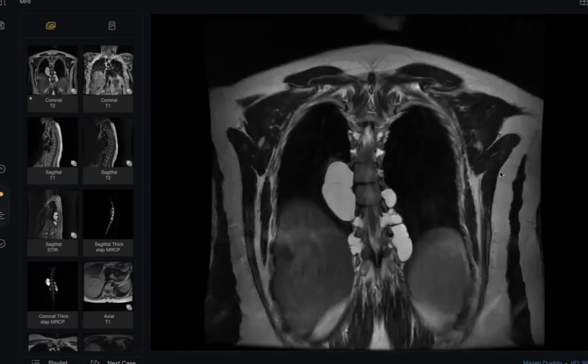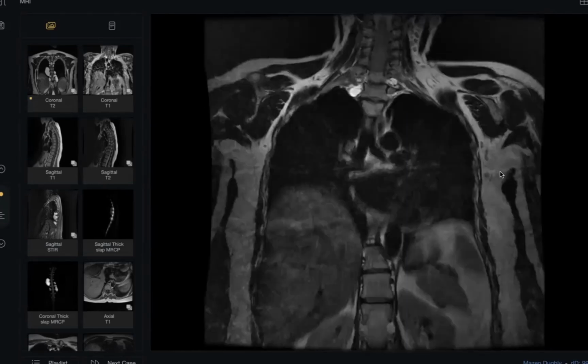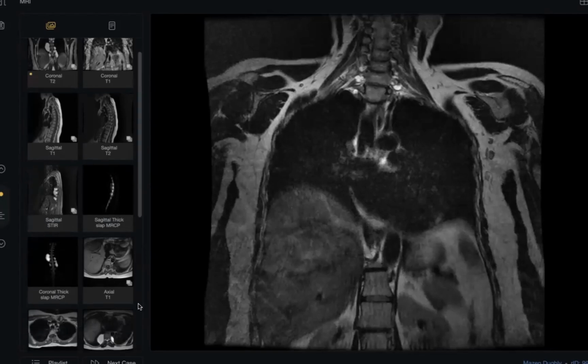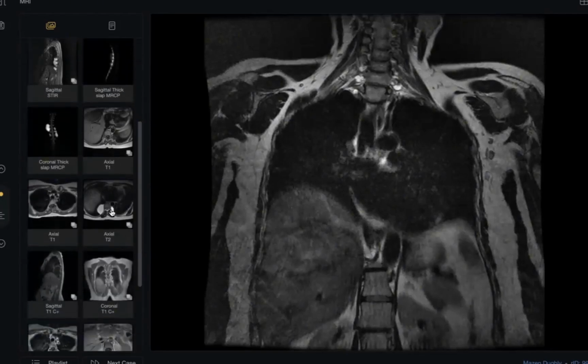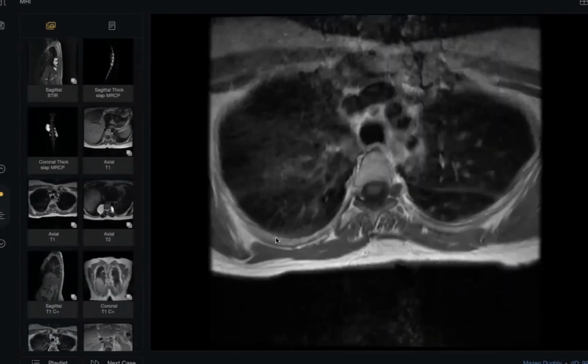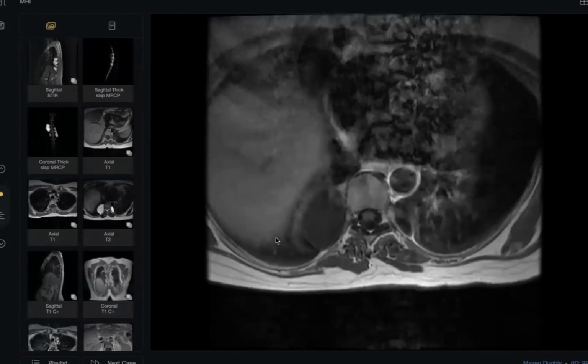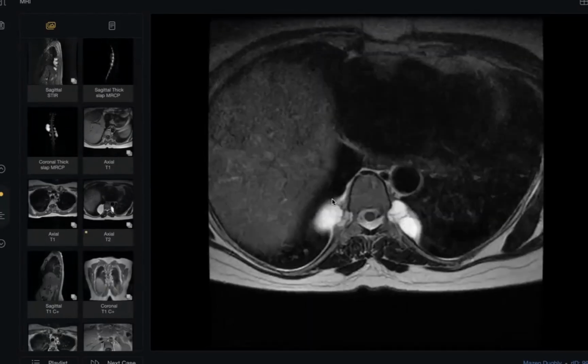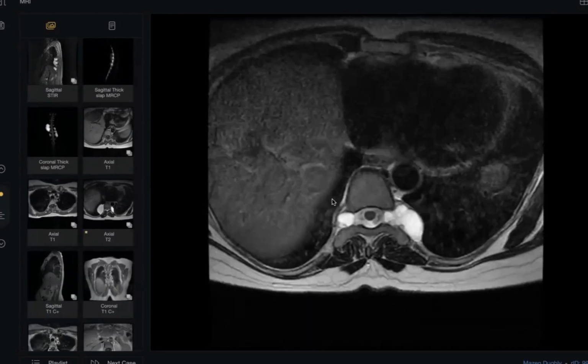Excellent. So I would like to complete my search, looking for other associations. I would like to proceed with an MRI of the brain, looking for neurofibromas, asking about skin lesions, family history, and genetic screening.